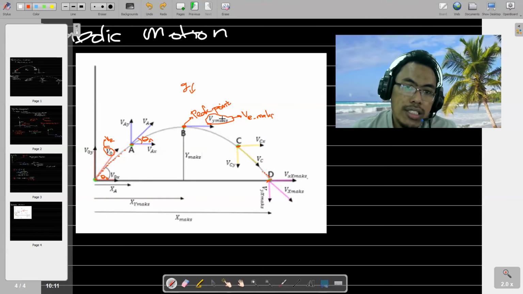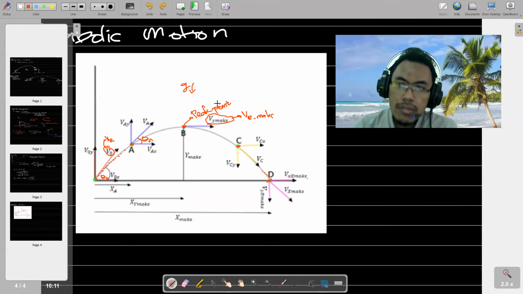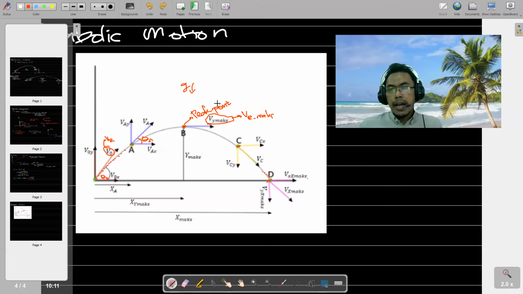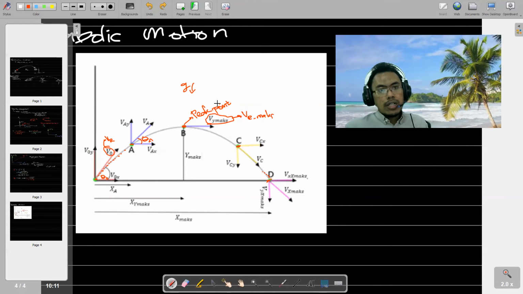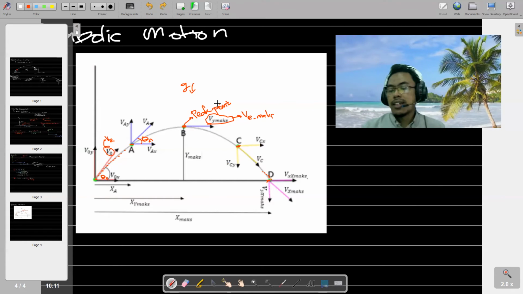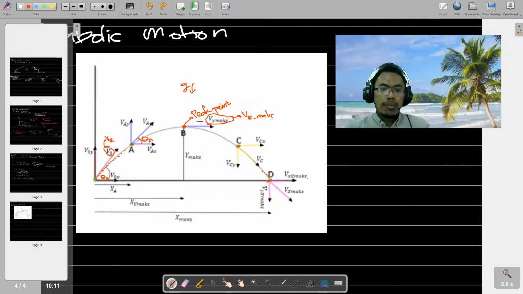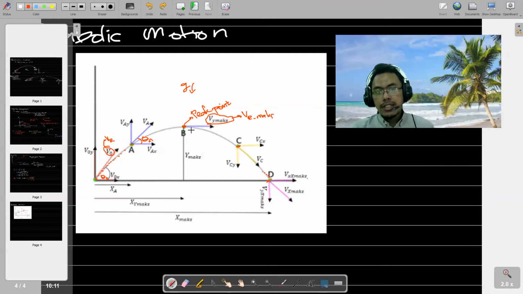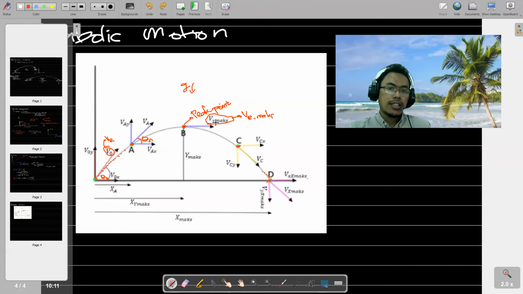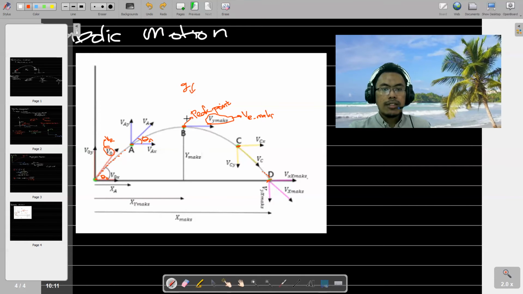Okay, so this is the concept of parabolic motion. We have to be able to imagine, kita harus bisa mengimajinasikan. So at point B, which is the highest point, it will have only the X direction without the Y direction, sehingga dia tidak memiliki komponen di arah Y karena dia sudah miring maksimal, miring maksimalnya adalah datar.